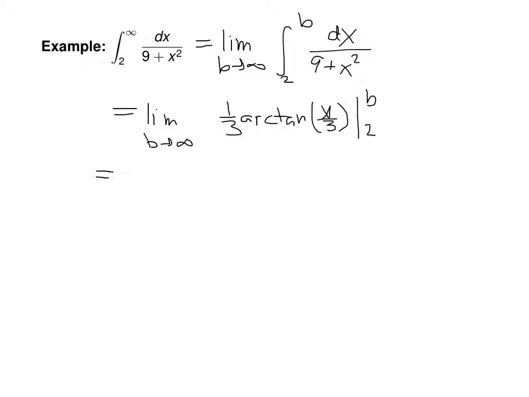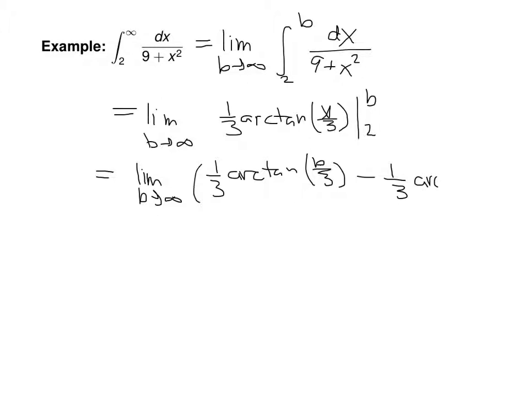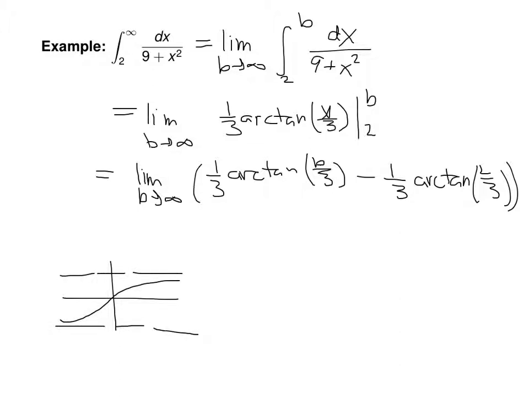So that's the limit as b goes to infinity of 1/3 arctan of b over 3 minus 1/3 arctan of 2/3, which is just some weird number. And you have to remember what happens to arctan as b goes to infinity. The arctan function is bounded by pi halves and negative pi halves.